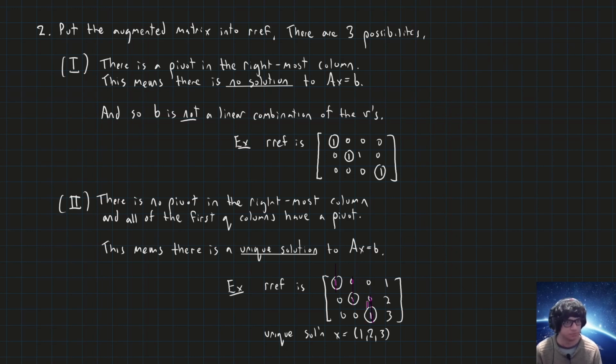That means there's a unique solution, and we can easily read off what it is: x1 is equal to 1, x2 is equal to 2, and x3 is equal to 3. So we have exactly one solution, and it's this. This means that b is a linear combination of the v's, and we use these weights to satisfy the equation.